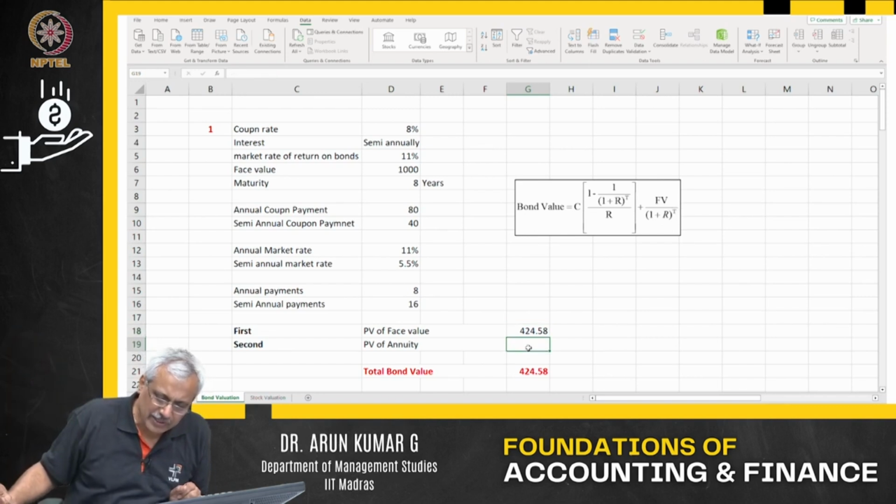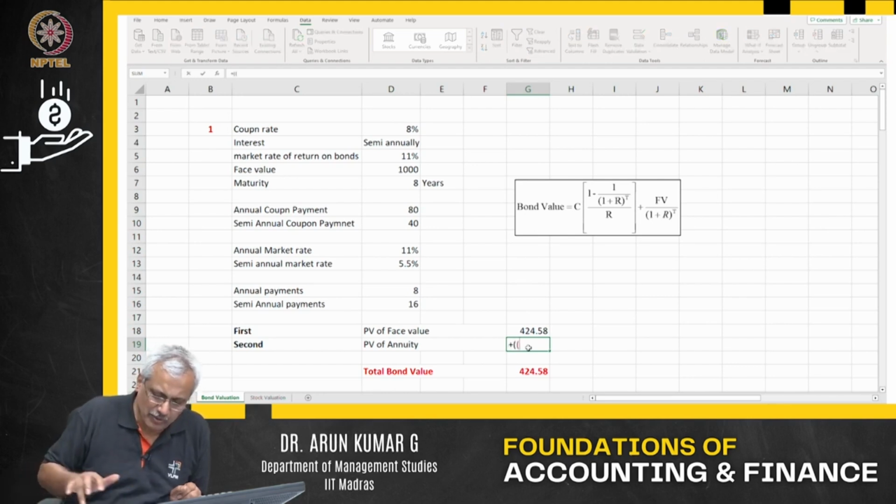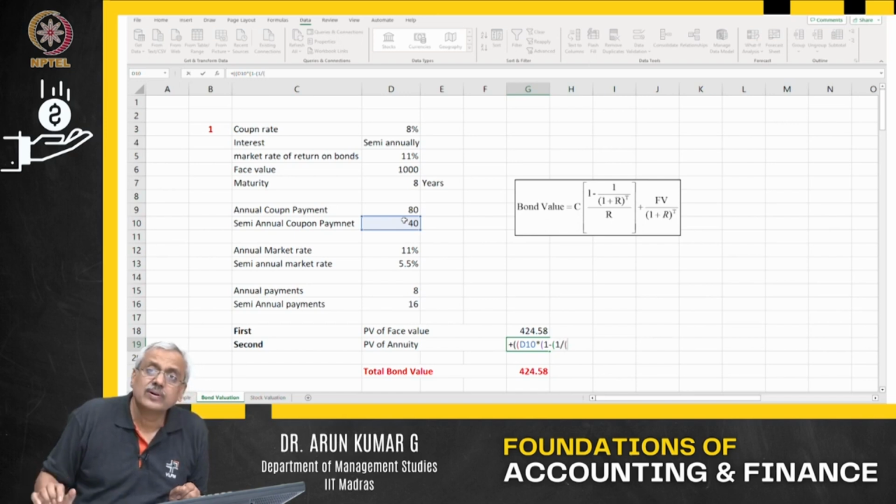Now let us look at the annuity. What does the annuity say? Start with the first part of the formula out here. See the coupon. What is the coupon out here? The coupon I am going to have in this particular case is $40 semi-annual, into 1 minus 1 divided by (1 plus R) to the power of T. What is R?